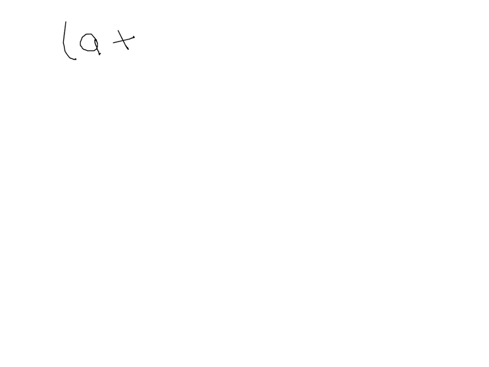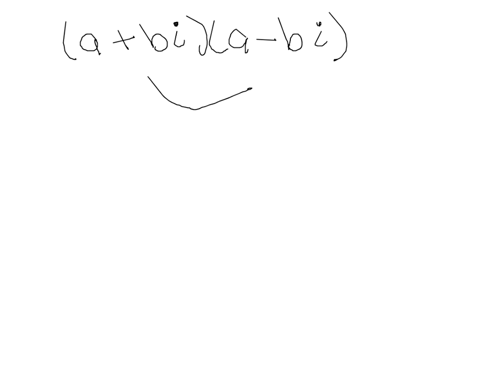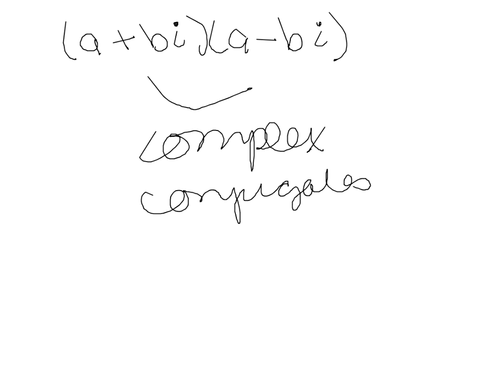The form that we've been looking at is a plus bi times a minus bi. These are called complex conjugates. So the real part has the same sign, but the imaginary part has opposite signs.